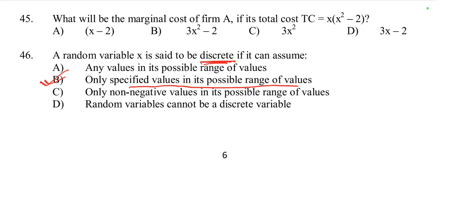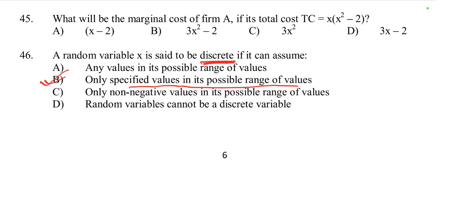These values are typically countable, like integers or specific categories, meaning the random variable can take distinct, separate values rather than any value within the continuous range.